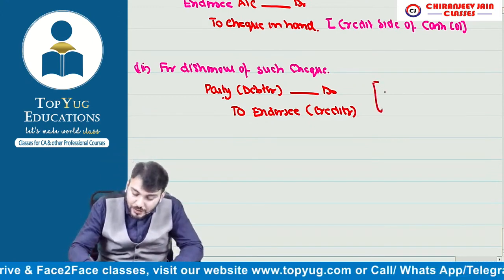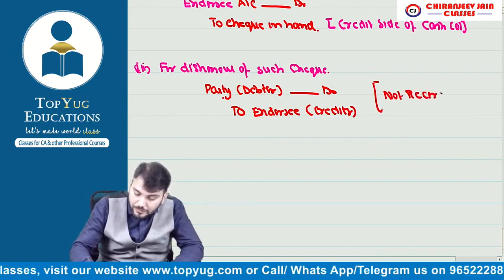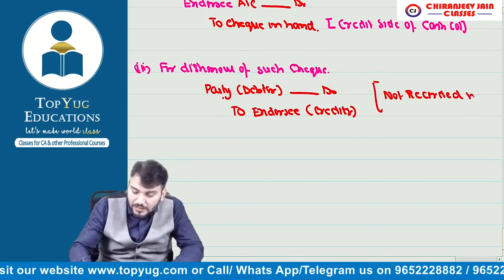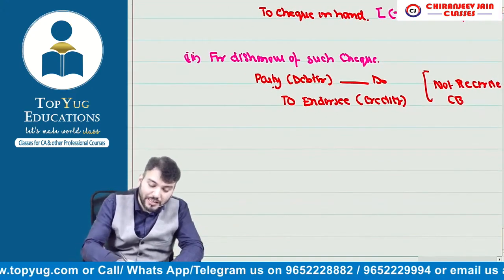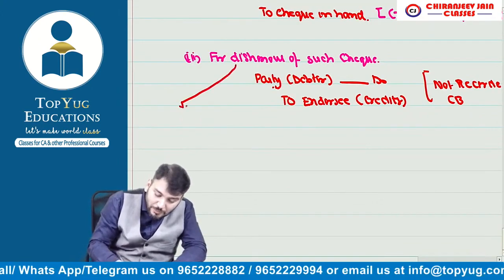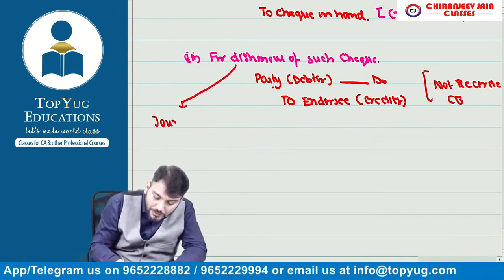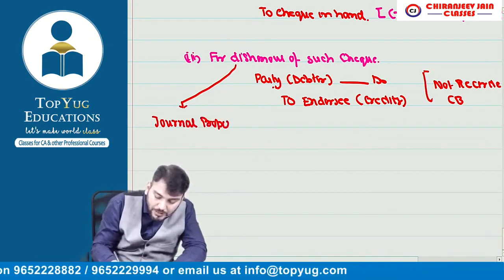So it is not recorded in the cash book. Then where is this recorded? This is recorded in the journal proper. Correct. So this transaction will be recorded in the journal proper. Understood this point?